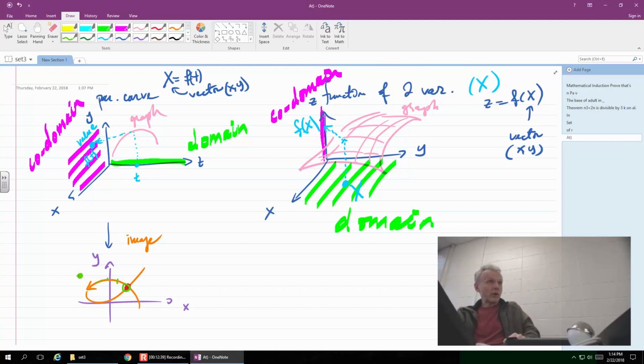If you throw out your timetable, the t-axis, you end up with the image. And that is your road trip, which you might actually mark. That is frequently done with parametric curves. You can mark points with some information about when. So I could say this is t is equal to 3.